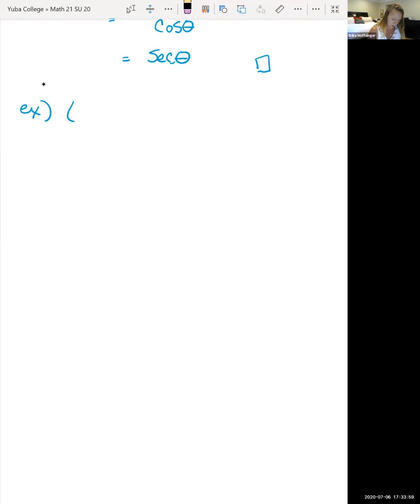So what about 1 minus cosine squared theta, all times 1 plus cotangent squared theta. This is equal to 1. Okay, so I'm going to work with the more complicated looking side, which is obviously the left-hand side.